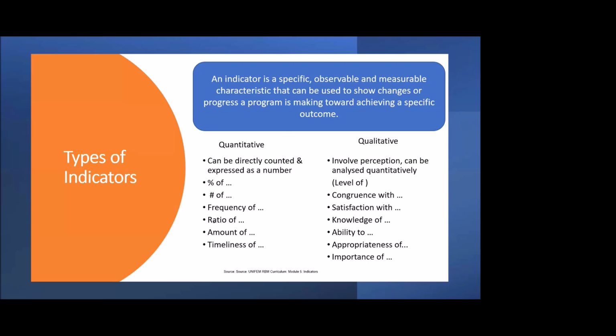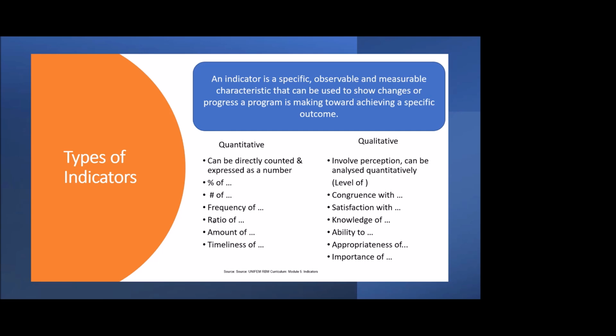So quantitative indicators can have different metrics. That means the precise way in which they are measured and the data that goes into the measurement. They can be directly counted. They can be expressed as percentages, as number of, as frequency, as ratio, as amount of, or timeliness of.